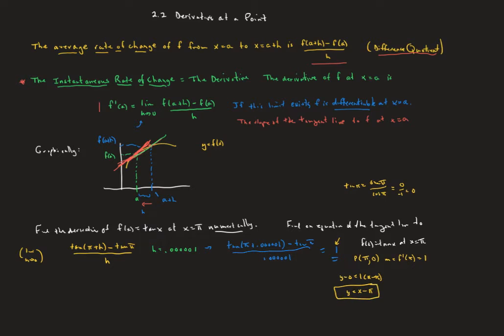So I'm going to move to a new screen, and we're going to do some stuff algebraically. So we're going to find the derivative algebraically, or sometimes that might be called analytically. So those are kind of equivalent. So I'm going to put in parentheses analytically.